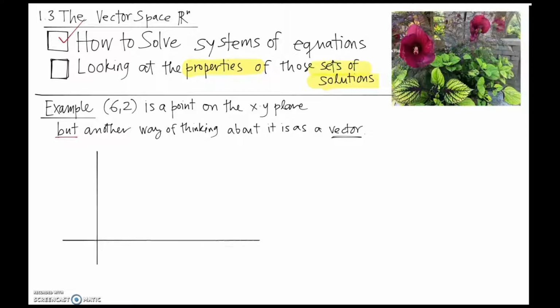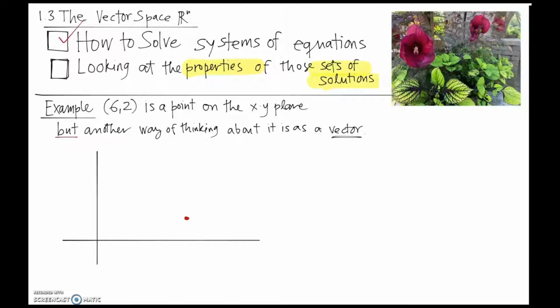Well, if we think of the point 6, 2, it would probably be right around right here, maybe. No, that's a little too high. Let's go, how about right about here?